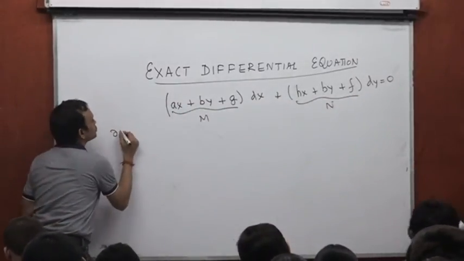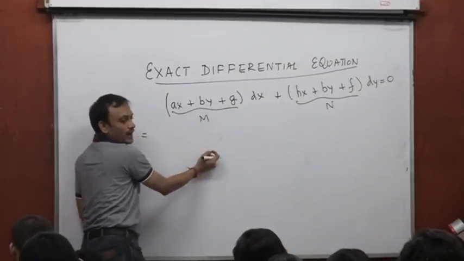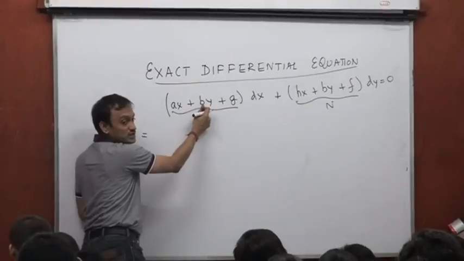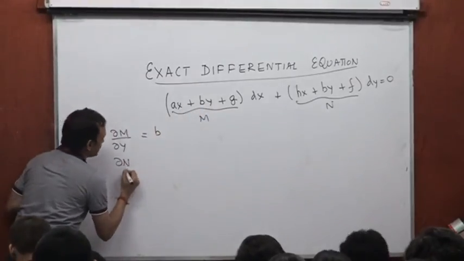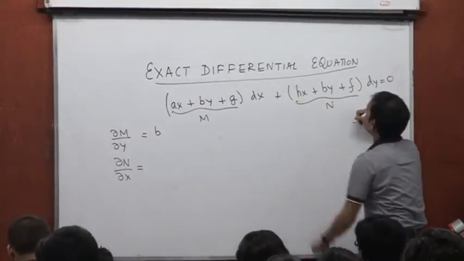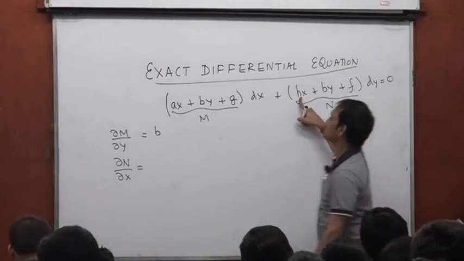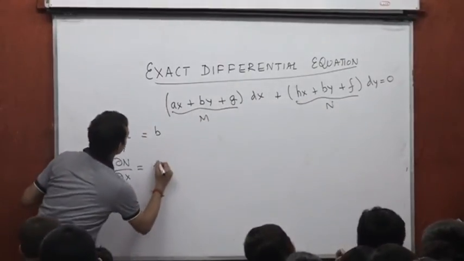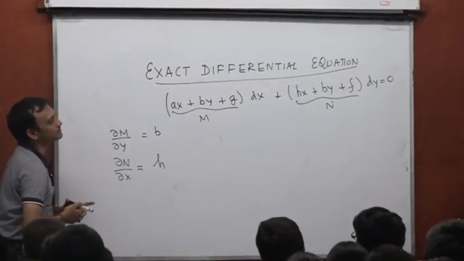Now what's dou m dou y? Differentiate m with respect to y keeping x constant, you get b, right? What is dou n dou x? Dou n dou x is h. Is it exact? It's not exact.